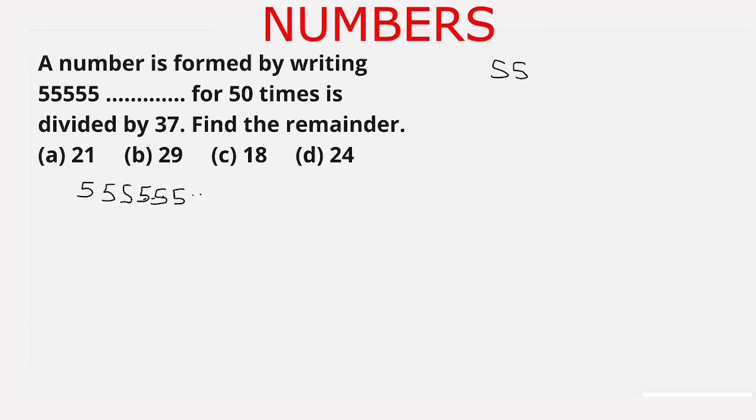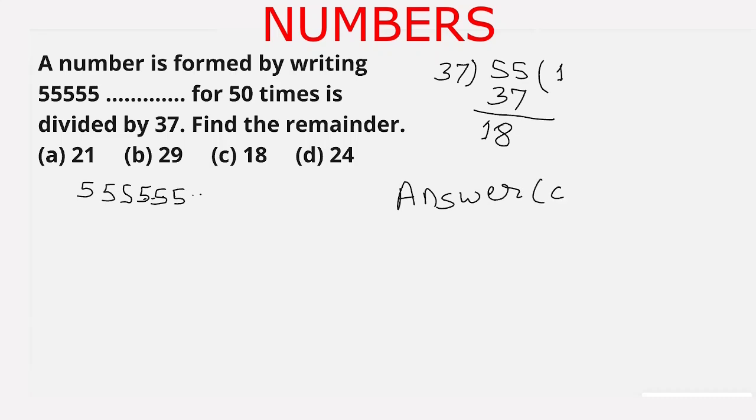And if we divide this by 37, then 37 times 1 is 37, and when 37 is subtracted from 55, we get remainder as 18. Then our remainder will be 18, and from the given options, our answer is option C, 18.